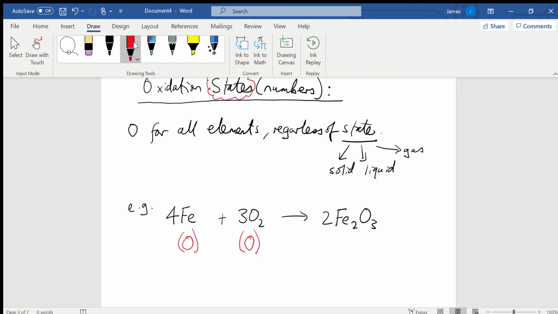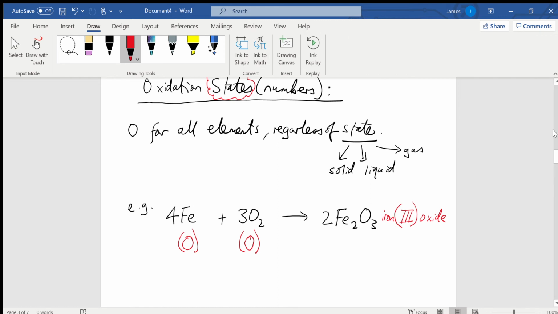Here we have iron 3 oxide. So we know from our nomenclature that the stock notation gives you the charge.